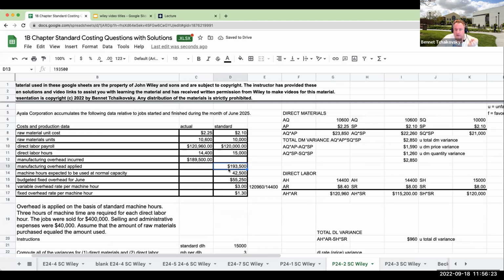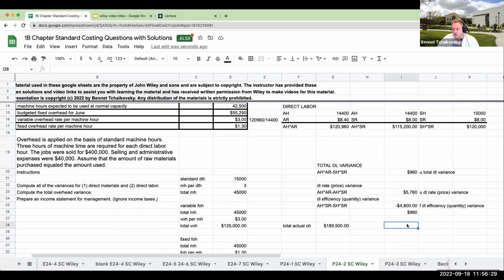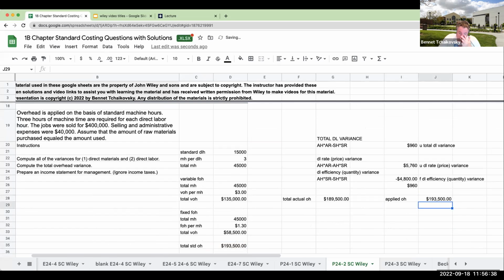So that's where this number is coming from, the applied manufacturing overhead. So when I look at total actual overhead and then applied overhead, my applied overhead was 193,500. So the difference between these two is going to be 198,500 minus 193. So this is going to be a favorable fixed factory overhead, or excuse me, total overhead variance.